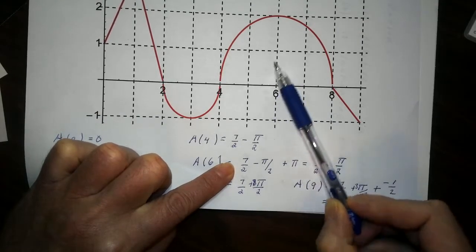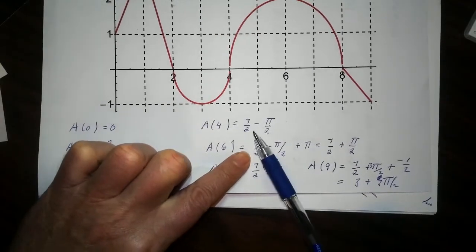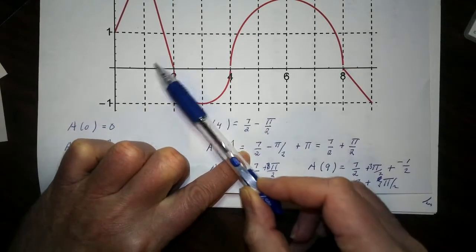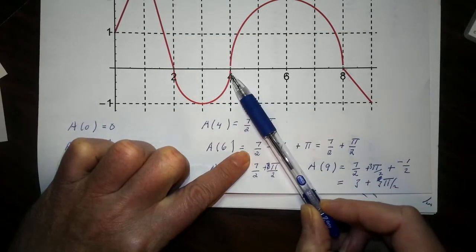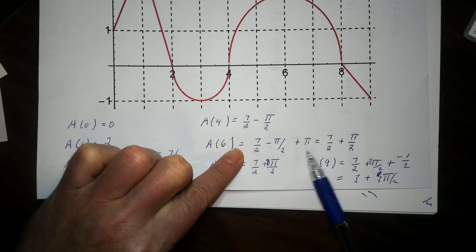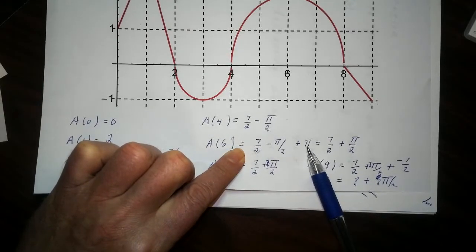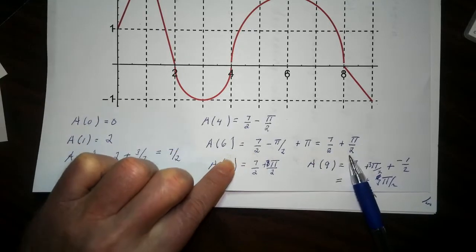I want a quarter of that, so that's just going to add another pi on. So we get 7/2 minus pi over 2 plus pi, or 7/2 plus pi over 2.